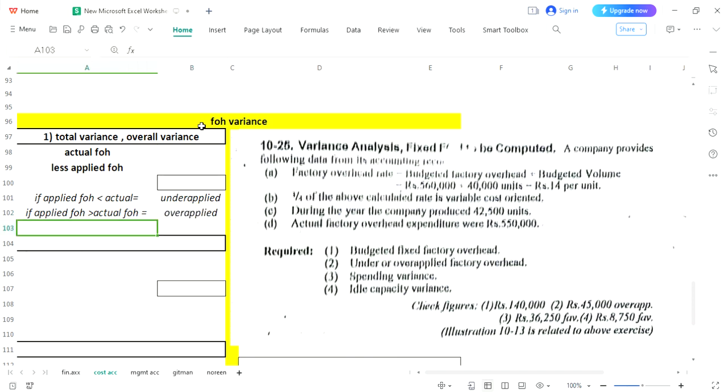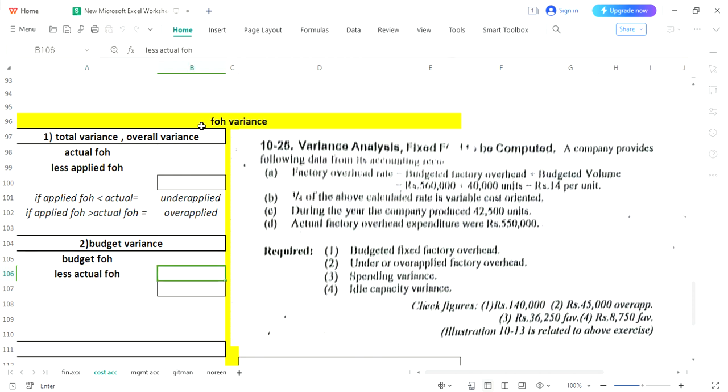The next variance which you will calculate would be your budget variance. And how would you calculate your budget variance? Again, it's a relationship between two types of FH. First, you will see your budget FH, and then you will subtract your actual FH. You calculate your variance by taking the difference between budget and actual FH. Then the conclusion, focusing upon actual.